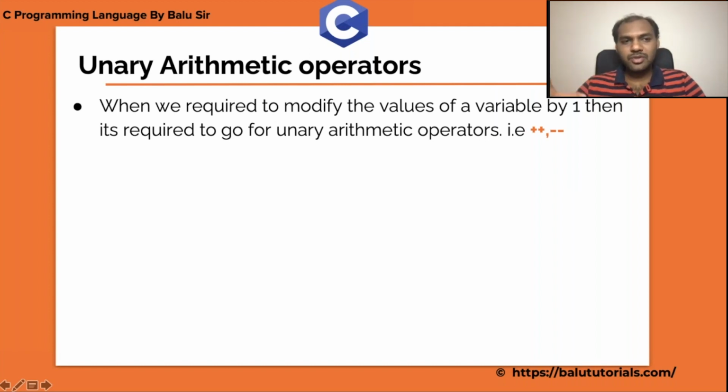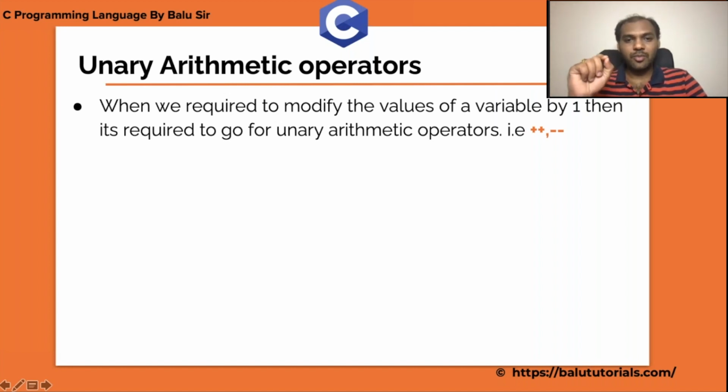If you want to use this operator, you always need to think about what operation you are performing: either the value is incrementing by 1 or decrementing by 1, like i equal to i plus 1, i equal to i minus 1, like n equal to n plus 1, n equal to n minus 1. If the difference between the existing, previous value and the new value is plus 1 or minus 1, then only you go for the unary arithmetic operator, which is indicated by the plus plus or minus minus symbol.